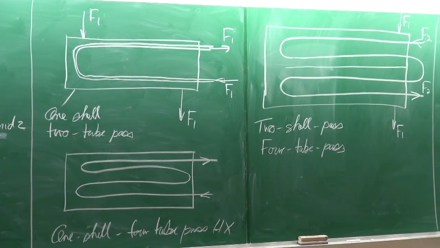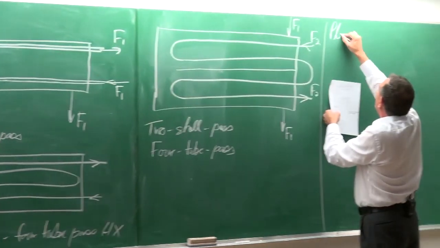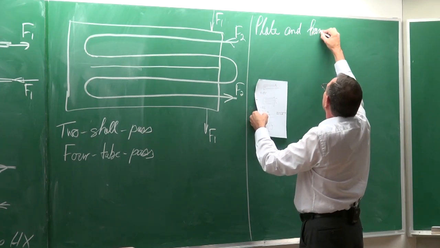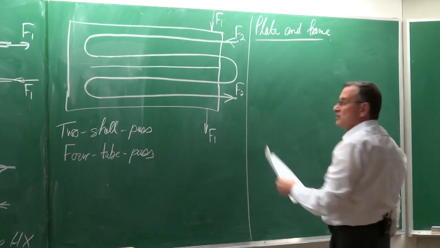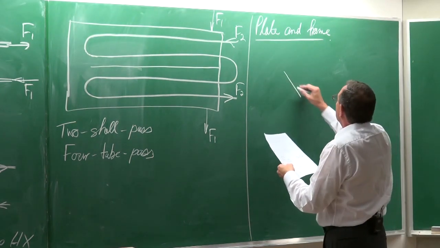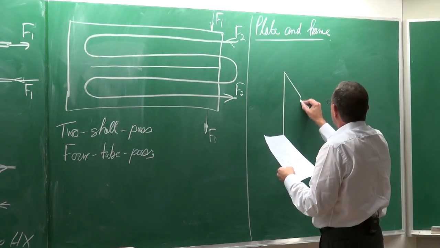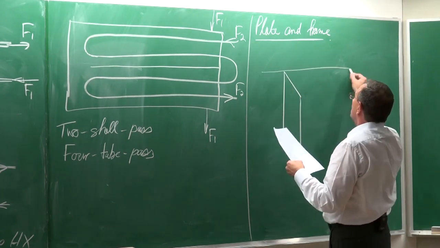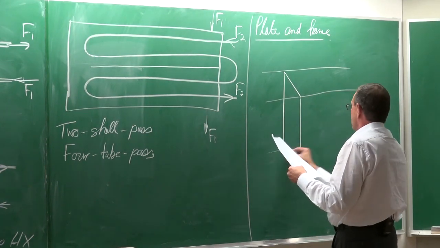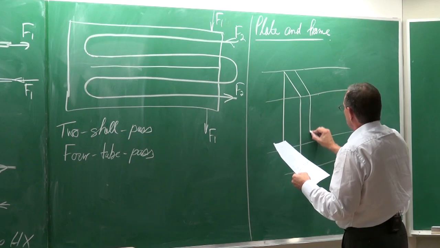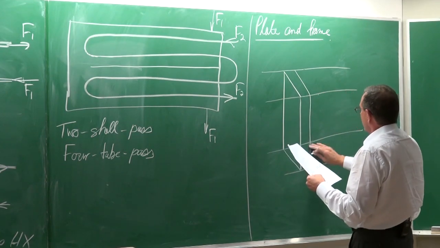The next type of heat exchanger is called a plate and frame heat exchanger. It's also a very compact type of heat exchanger where we make use of lots of plates next to each other. I'm going to draw them a little bit away from each other.